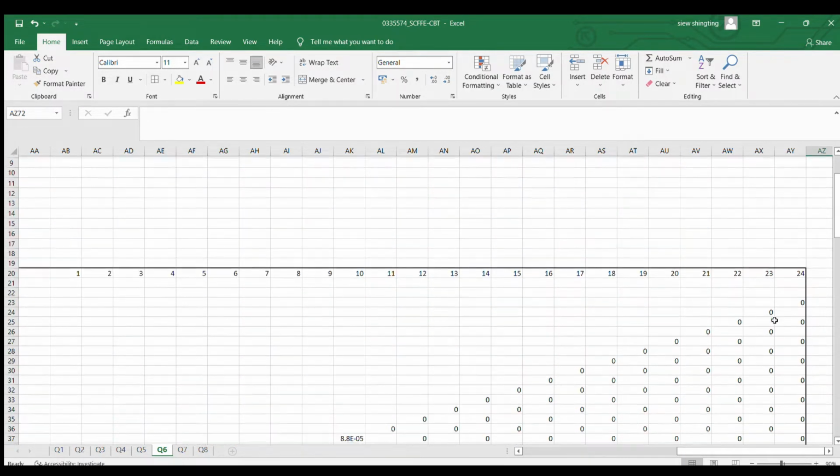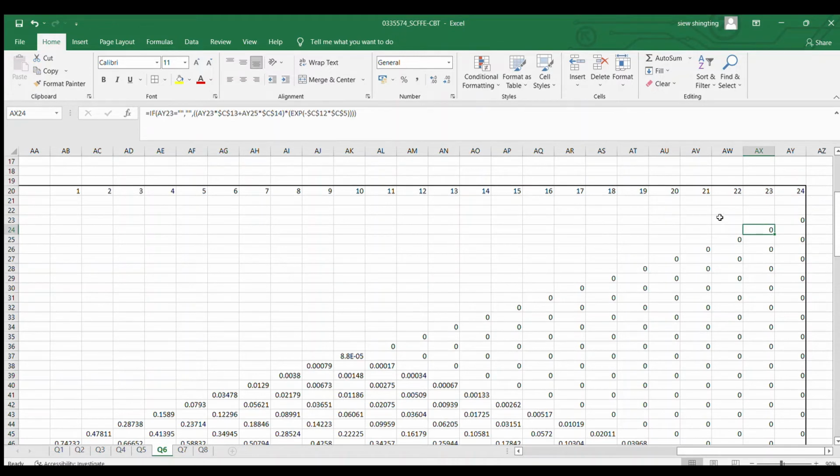Okay, so after this, for the 23rd period, just use the backside of period 24, the AY of 22 plus the P star, and plus the AY of 25, the downside of 24 period times 1 minus P star, and times the exponential minus the risk rate times the H. So we also get the 0.